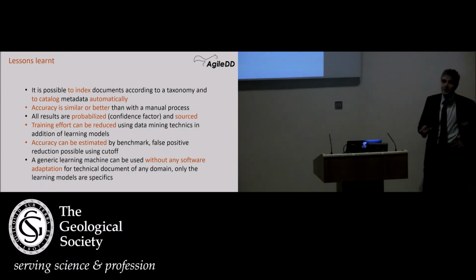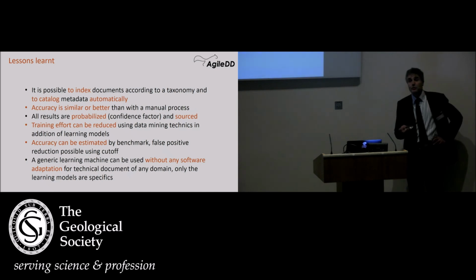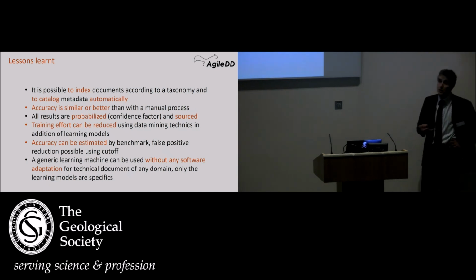But you don't extract only the value, you extract a probability, a confidence, on your value. You are also able to source the value, you know where it comes from. And if your documents are not all saying the same thing, you may have an idea of the variation for the same information according to the documents.